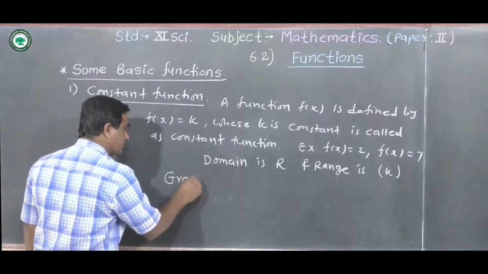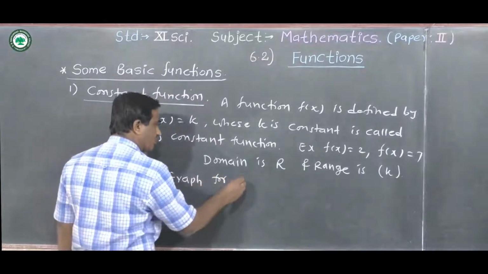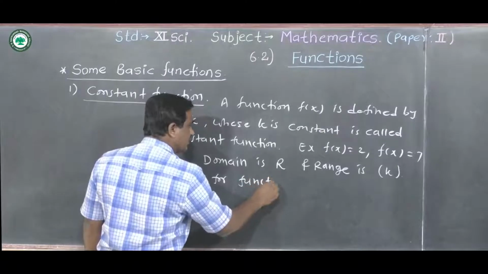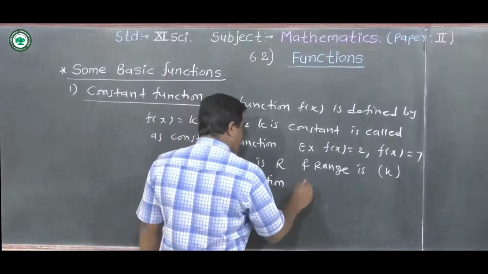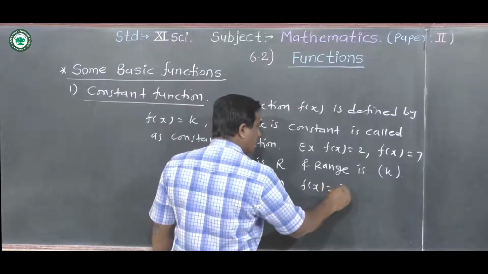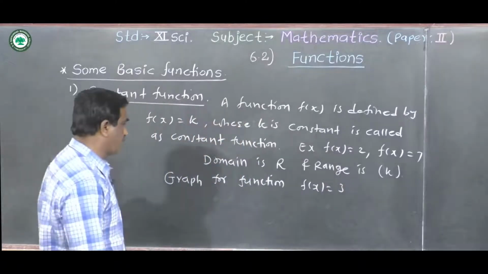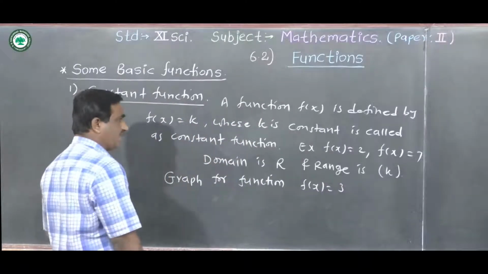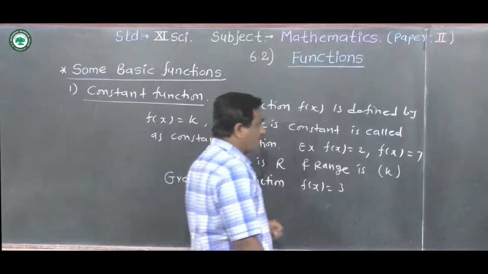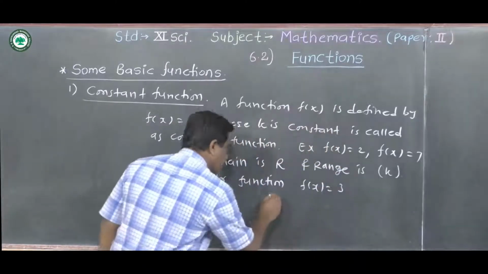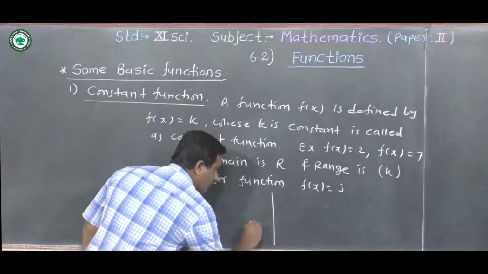Graph for function f of x is equal to 3. That is, we can draw here a coordinate system.